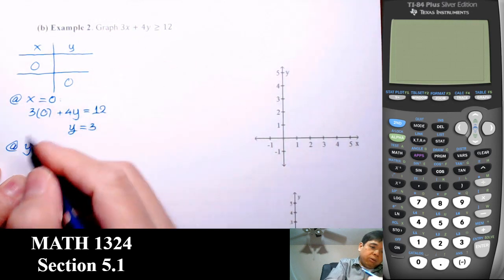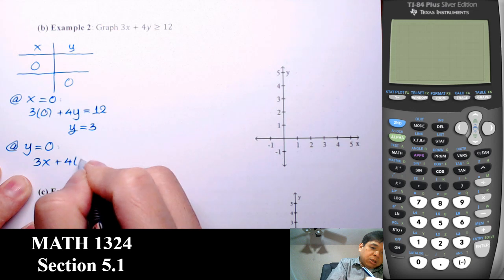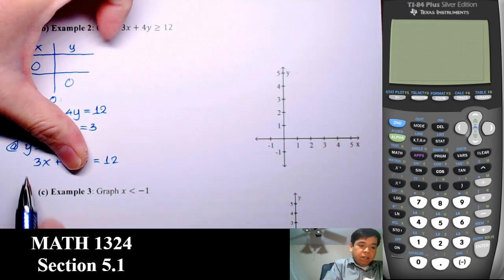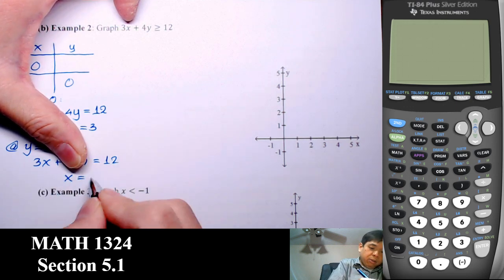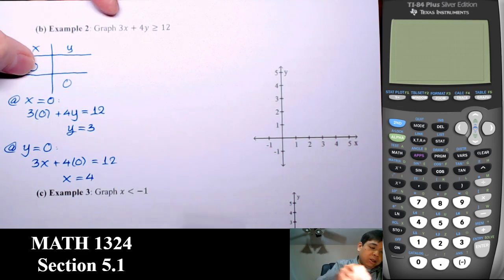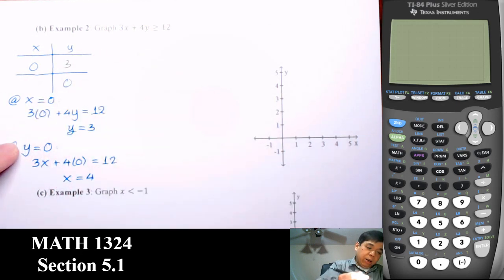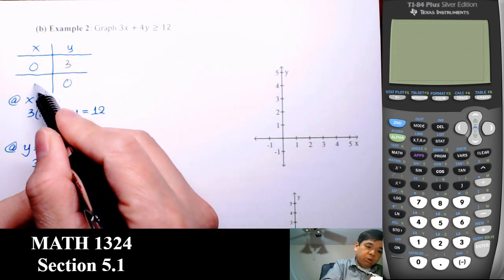Put 0 in for y. We have 3x plus 4 times 0 equal to 12, and that cancels out. Divide by 3 on both sides, x equal to 12 divided by 3, which is 4.